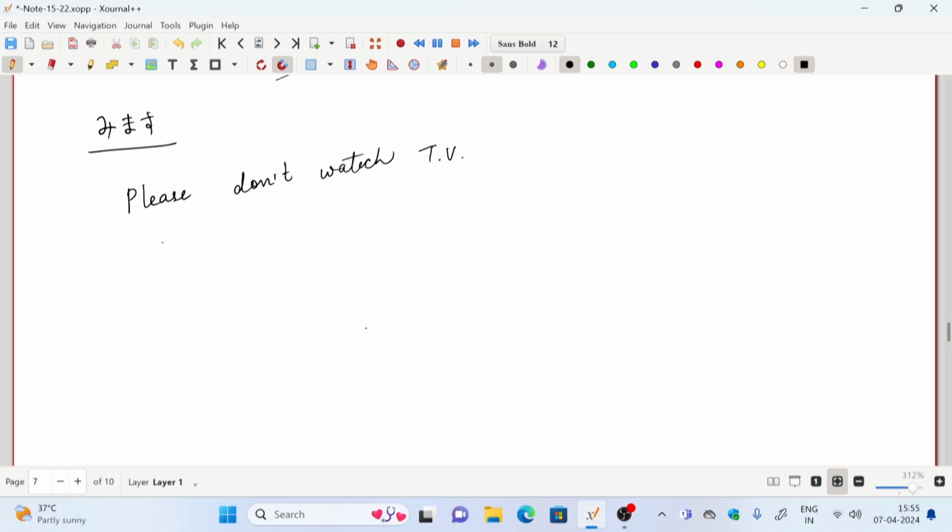So TV is terebi. Terebi o. Mimasu's nai form is minai, and then it will get added with de. It will be minaide.